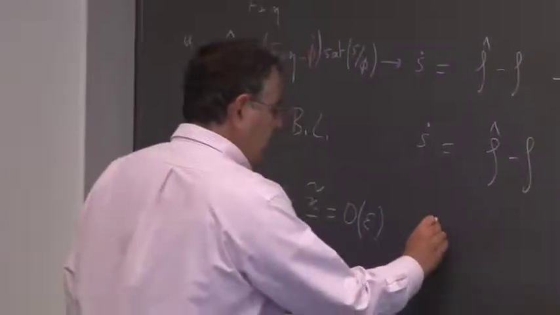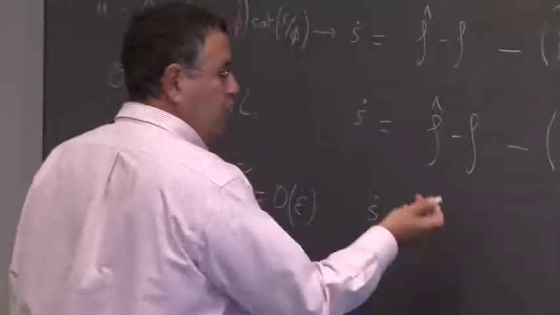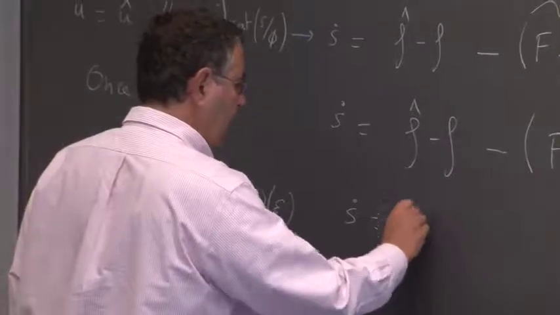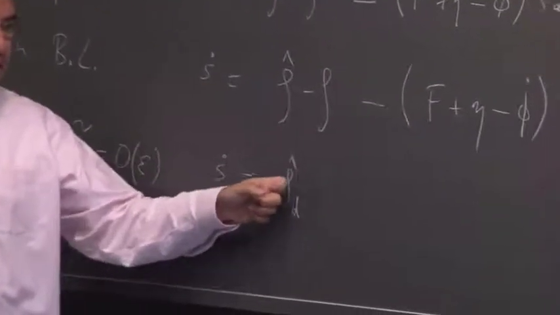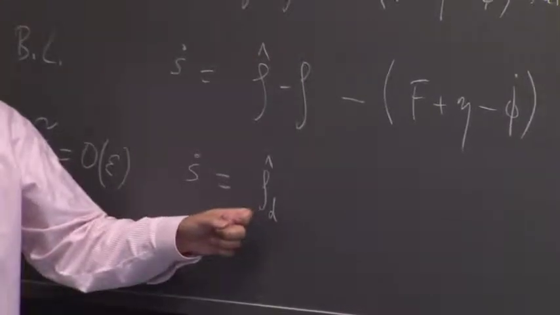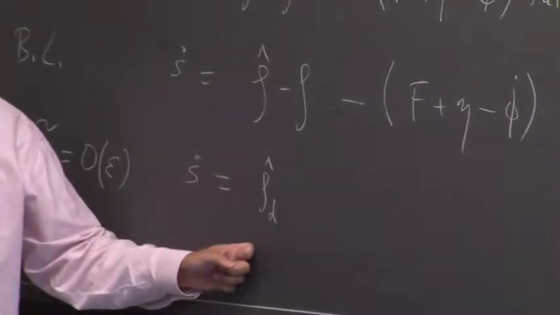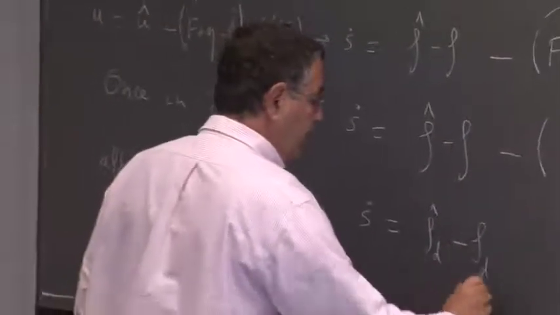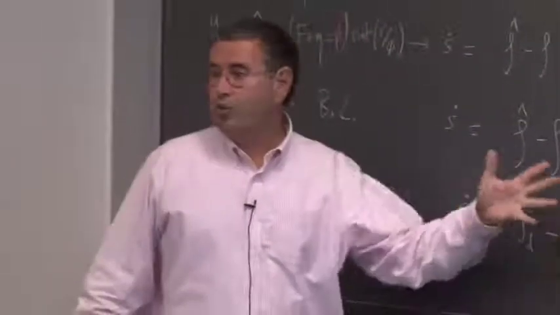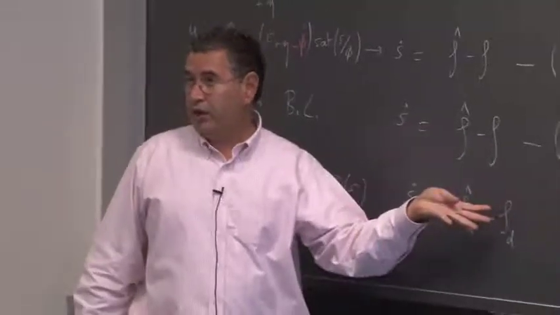So what does it mean? It means that you can write s dot is equal to f hat d, meaning the value of f hat, which is a function of x and t, computed for x equal xd, minus fd. So in other words, these are all values computed along the desired state.